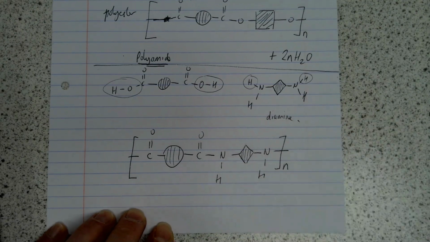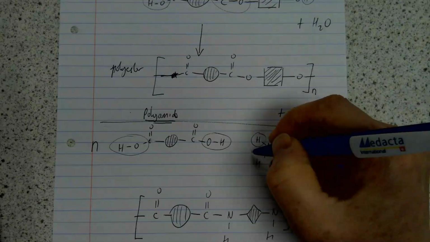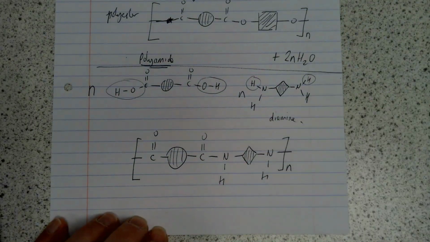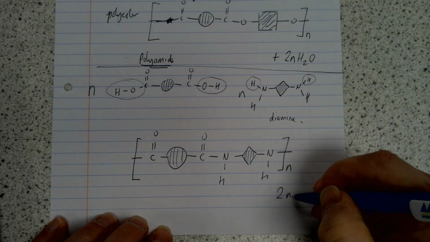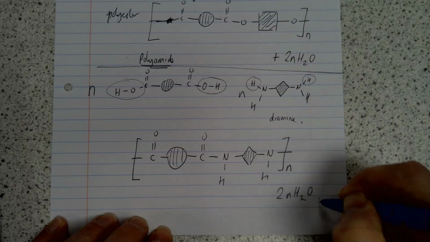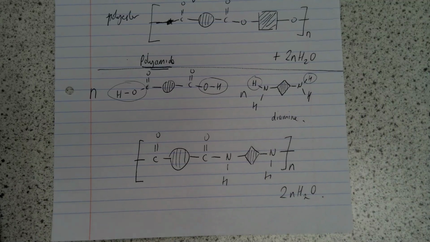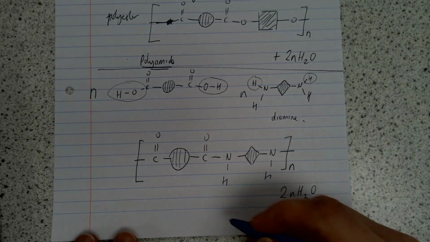Apart from that, it's exactly the same. N of those, I should have put N up here as well, shouldn't I? N of those, N of those, N of those, and then 2N H2O. All right. It's the same thing. So that's a polyamide.